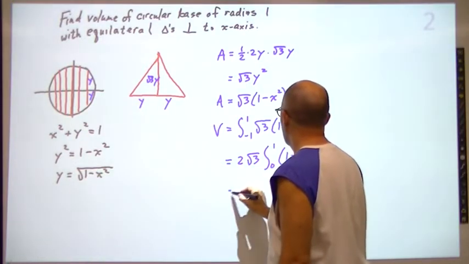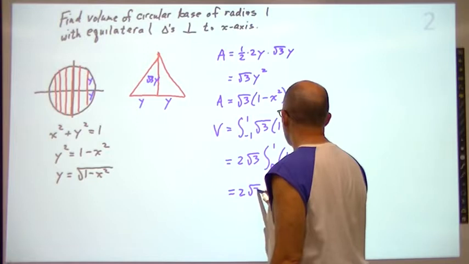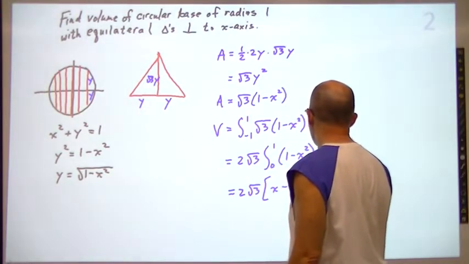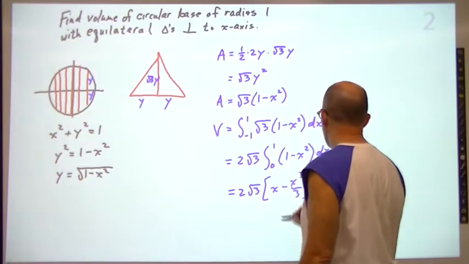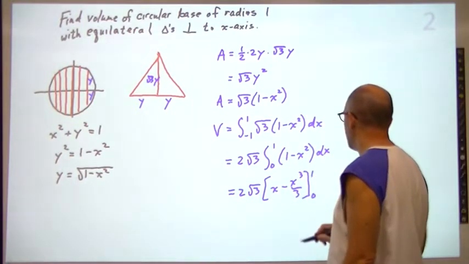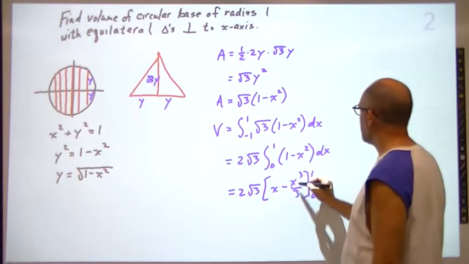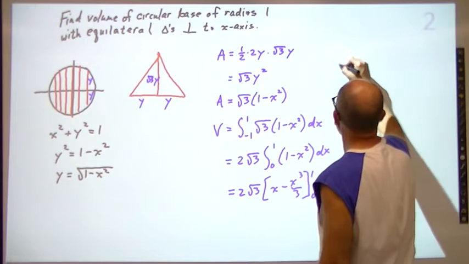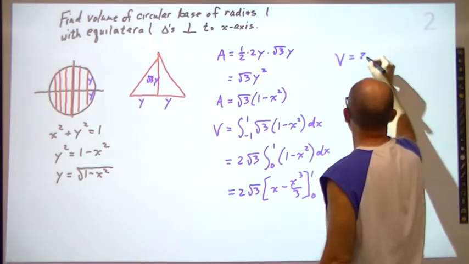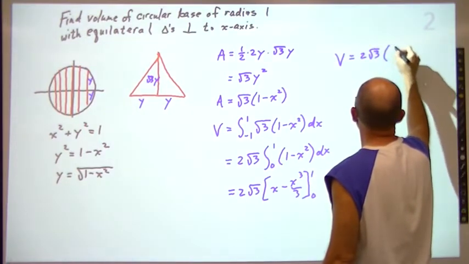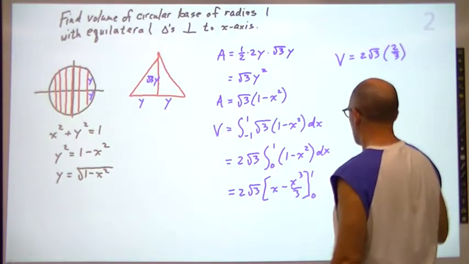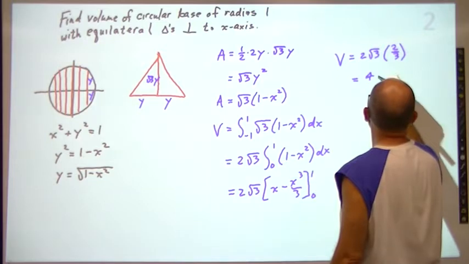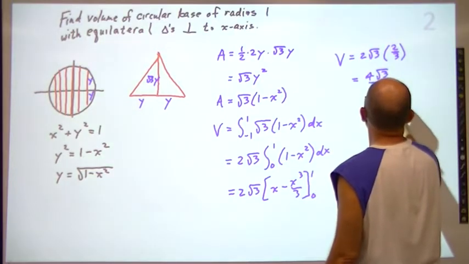Then do the integration, so it's 2 square root of 3 times x minus x cubed over 3 from 0 to 1. Now this becomes 1 minus 1/3, which is 2/3. So we've got the volume equals 2 square root of 3 times 2/3, which equals 4 square root of 3 over 3.